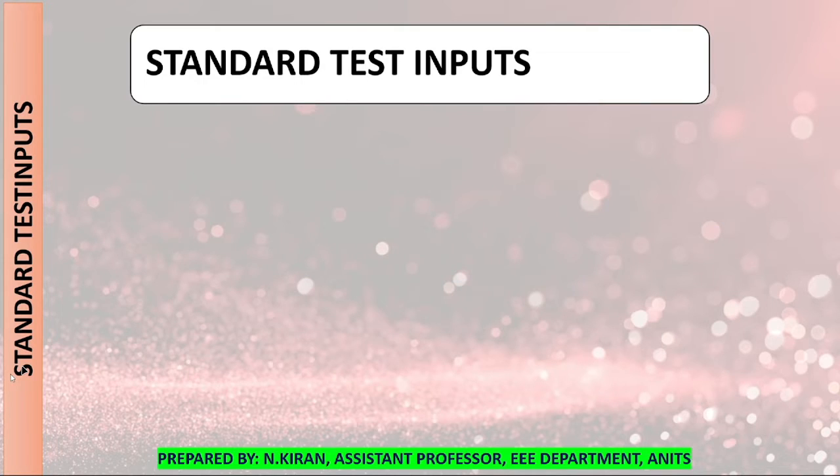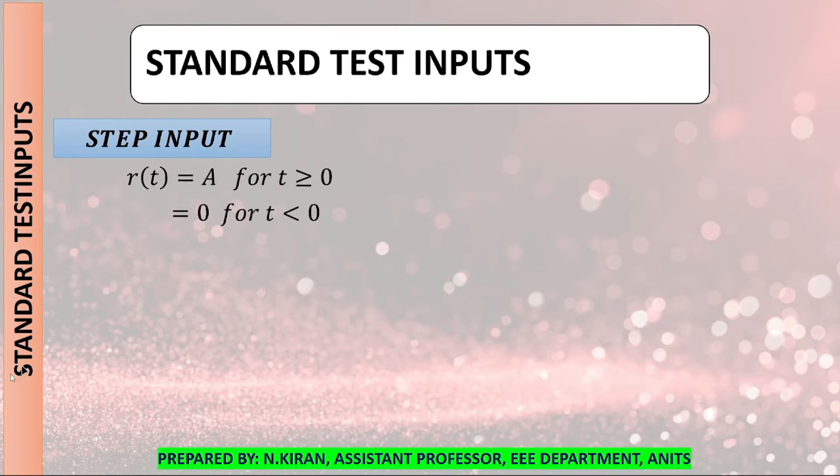So next we are going to see what are the various standard test inputs we have. The first one that we have is step input, and it can be defined as its value is 0 for t less than 0, and its value is some constant capital A for t greater than 0.